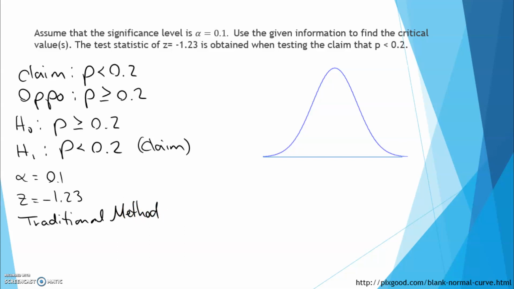Okay, so I need to know if I have a left tail, right tail, or two-tail test. So I'm going to look at H sub 1. Because it's a less than, that's going to be a left-tailed test. So this is my test statistic. So Z is equal to negative 1.23.